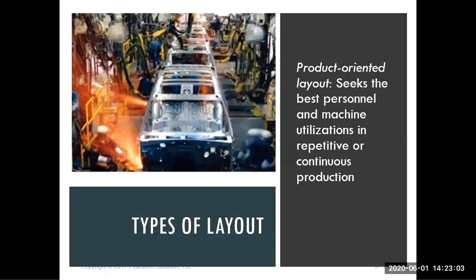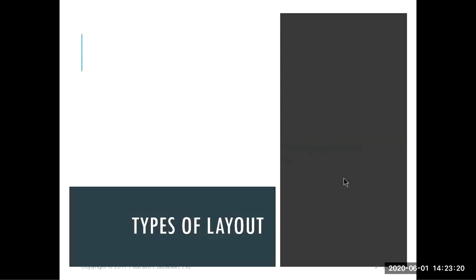Like in an auto manufacturer, they have to arrange all the machines based on how to produce the car, step by step. So the arrangement is what we call a product oriented layout.